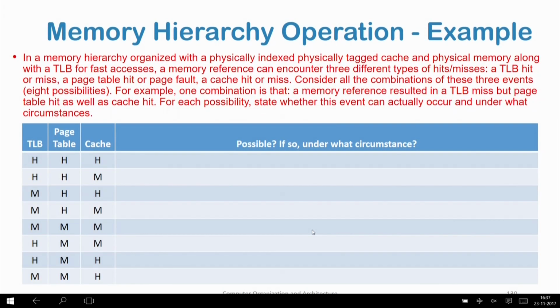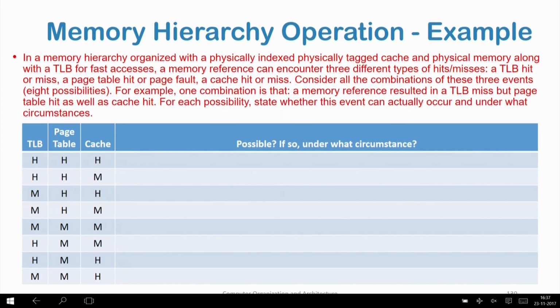Now, we will continue our discussion and take an example to illustrate how the memory hierarchy works in unison, how the levels cooperate among each other and what happens when they all work together. So, memory hierarchy in operation. The example goes like this.